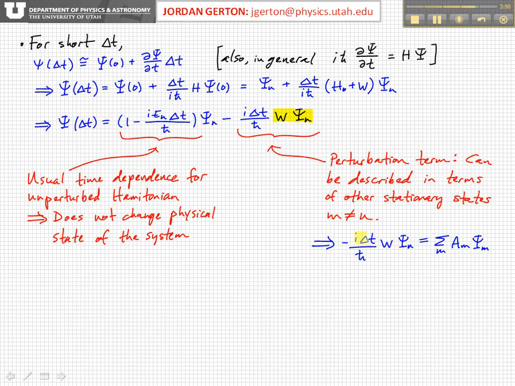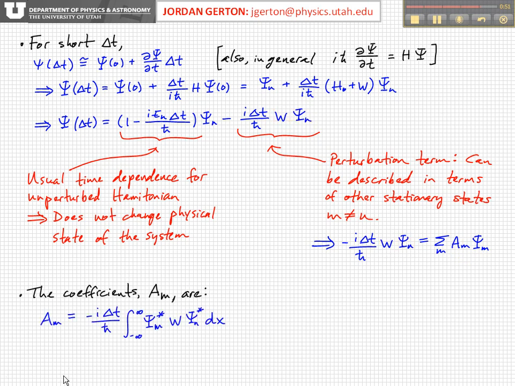So that is minus i delta t over h bar times this new function, omega psi sub n, which is equal to the superposition of eigenstates of the original Hamiltonian. And the coefficients can be found.